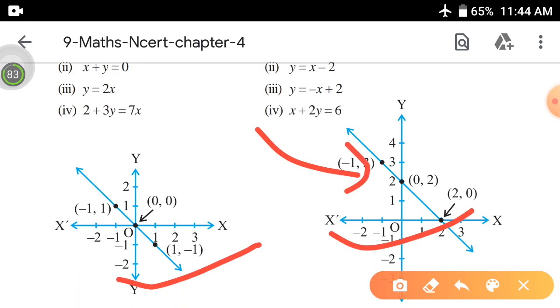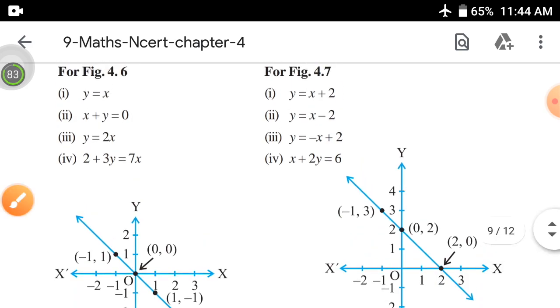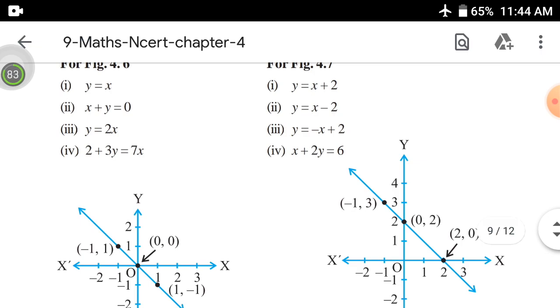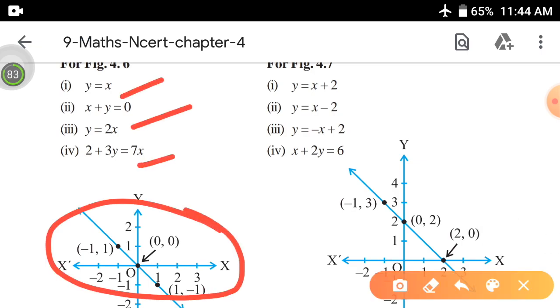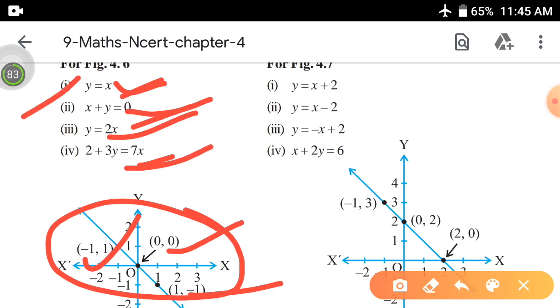We have to find out among all these equations which equation is satisfying all these points. What are the points? The first point is minus 1 comma 1, second point is 0 comma 0, and third point is 1 comma minus 1. So you have to find out which line is satisfying these 3 points.